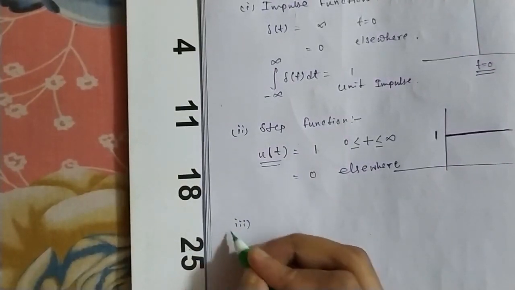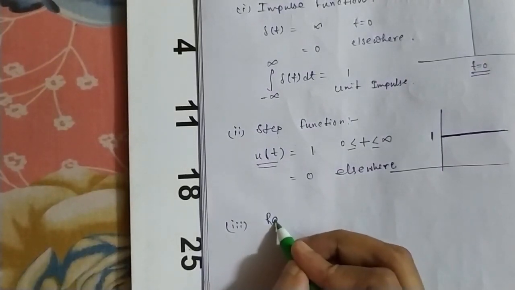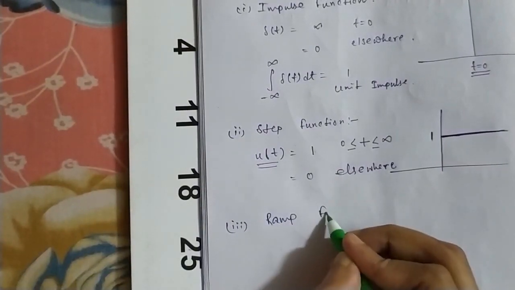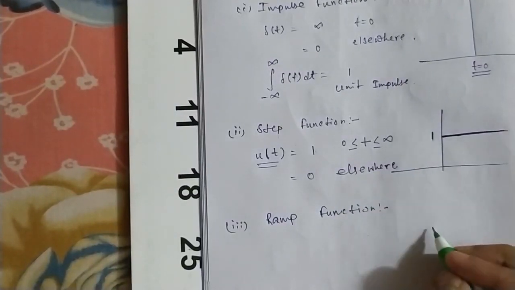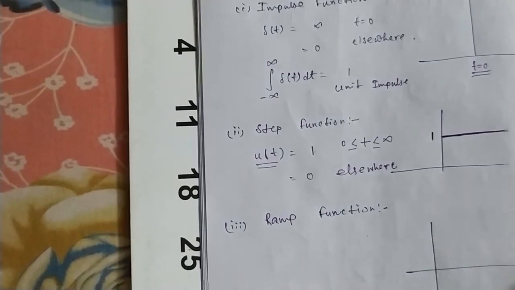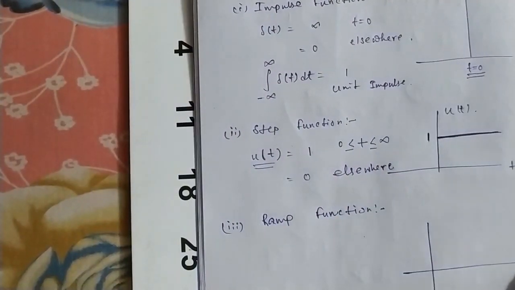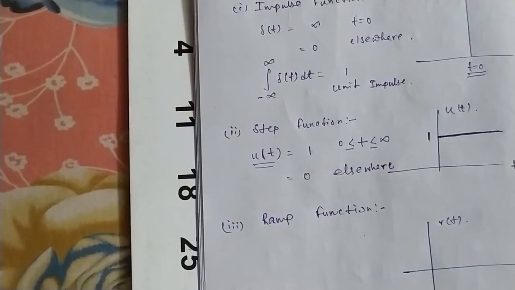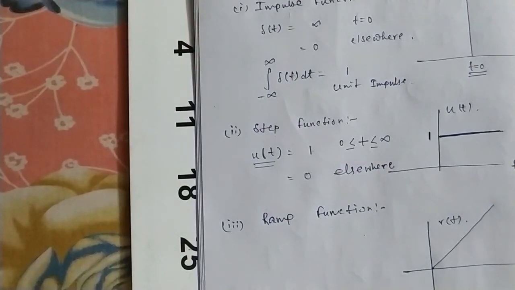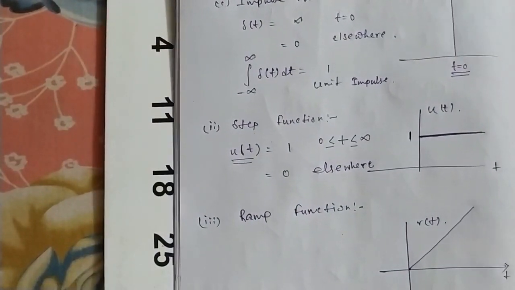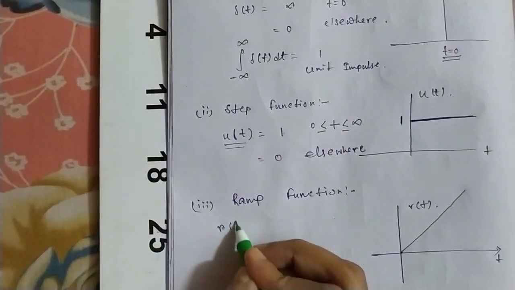Okay, so our third function is the ramp function. Ramp function is denoted as r of t.